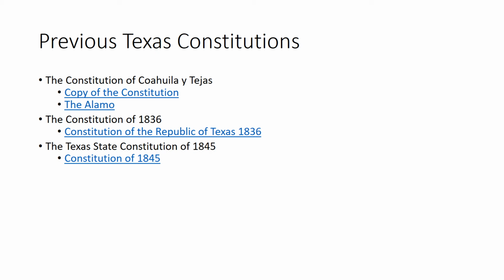However, the comptroller of public accounts and the treasurer were elected every 2 years by a joint session of the legislature. Amending the Constitution remained difficult.